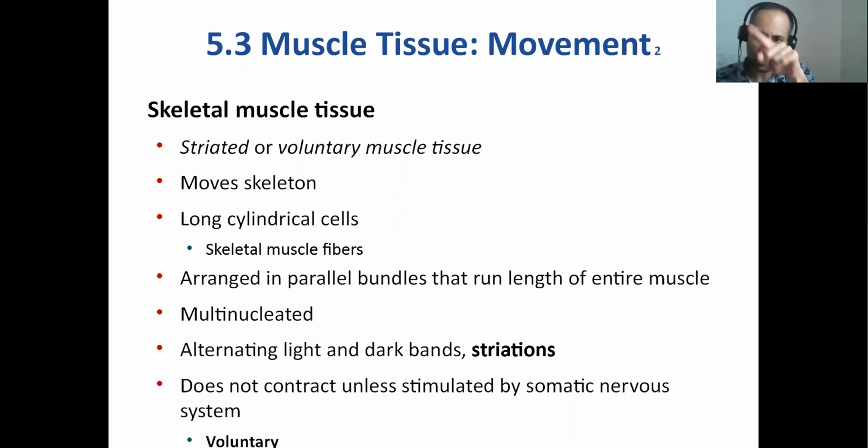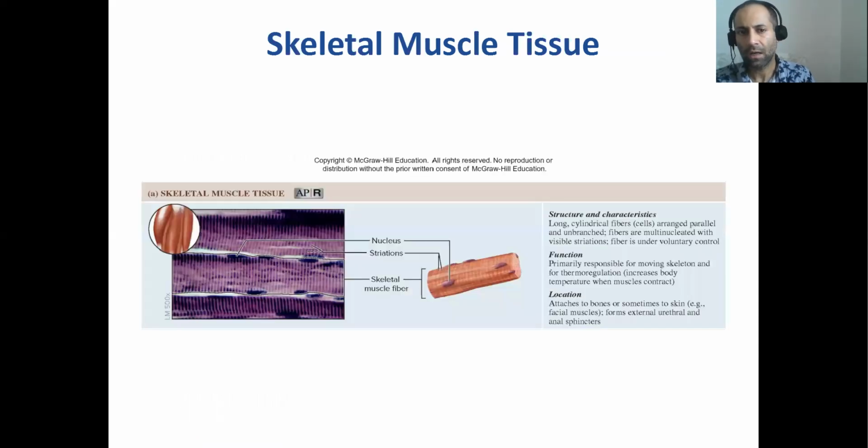And so this alternating band pattern gives it the striated appearance. And the function of skeletal muscle is, of course, to move your skeleton, right? So these skeletal muscles are attached to bones, and they contract to move the bones, and therefore the entire movement of the organism is what you're looking at here. They're voluntary, so you actually can control when and where to move that muscle.